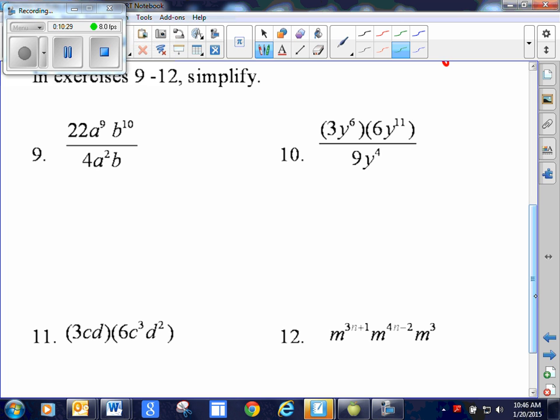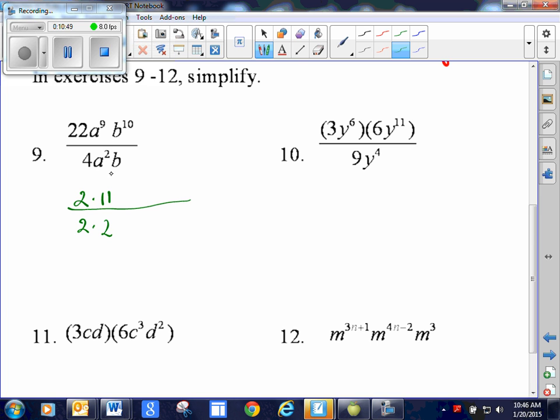Now we're going to be doing both properties together. We're going to be doing the quotient rule and the product rule together. So we're looking at 22 and 4. I know 2 goes into both of those, so I'm going to write 2 times 11 and 2 times 2 for my numbers part. I've got a to the 9th and a squared.